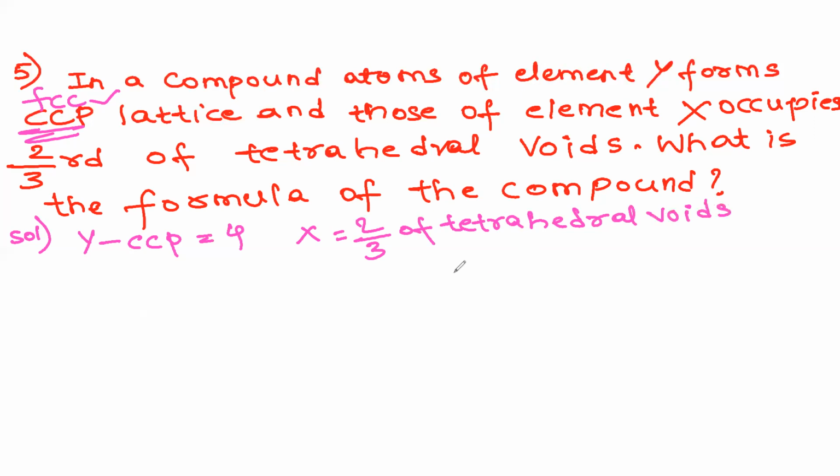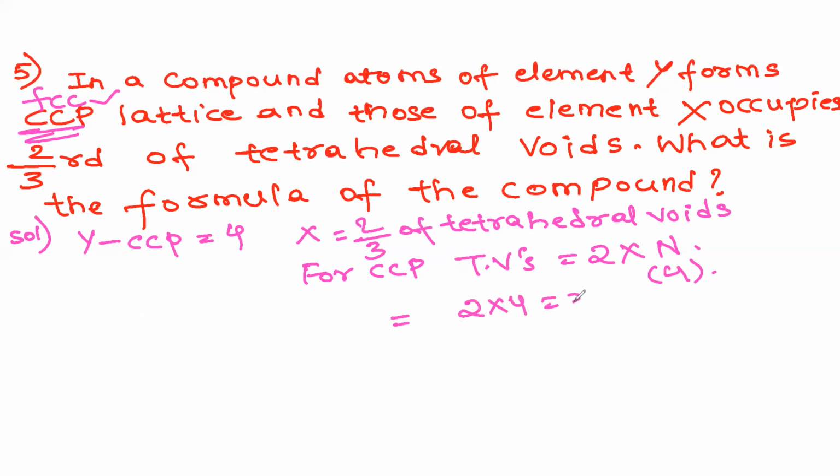For CCP, the number of tetrahedral voids is equal to 2 into n, where n is equal to 4, because for FCC or CCP lattice, the number of atoms per unit cell is 4. So the number of tetrahedral voids is 2 into 4, 8. Out of this, X is occupying only two-thirds. So X is equal to 2/3 into 8, which is equal to 16/3. Now we got Y is equal to 4 and X is equal to 16/3.